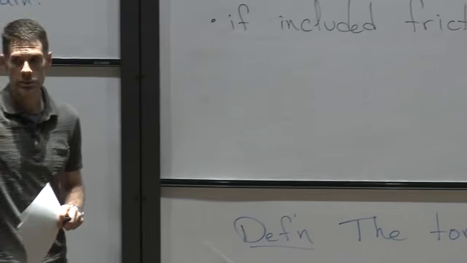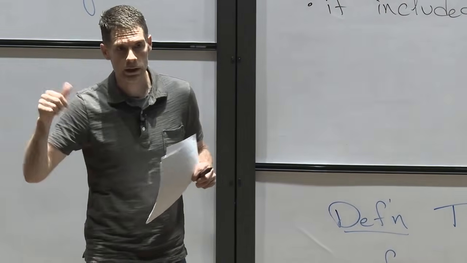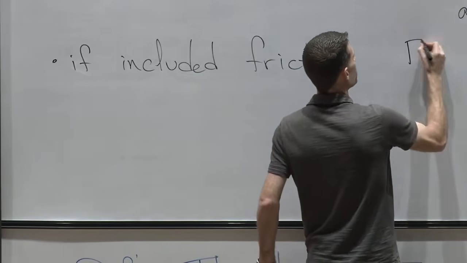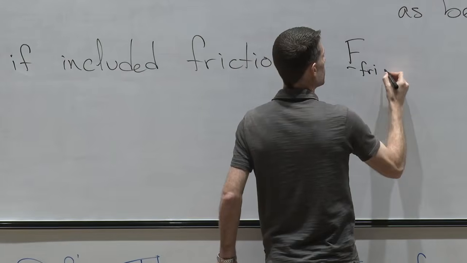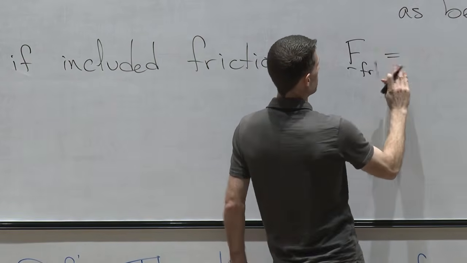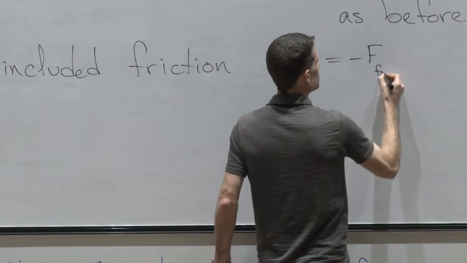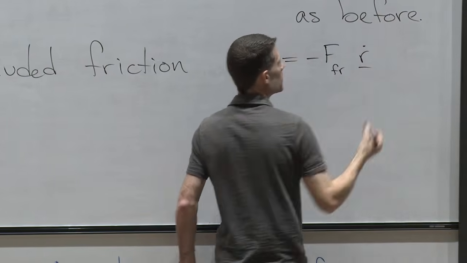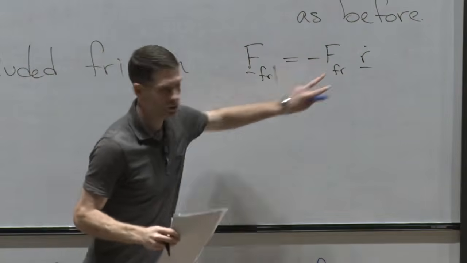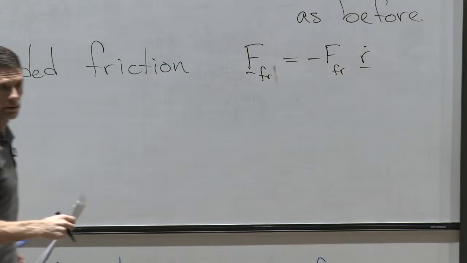So that's an extra force which is in the opposing direction of my travel. So whatever r dot is, I have some force, let's call it F friction, F sub r. Generically, this is some function, whatever you want, but it's in the direction of minus r dot.